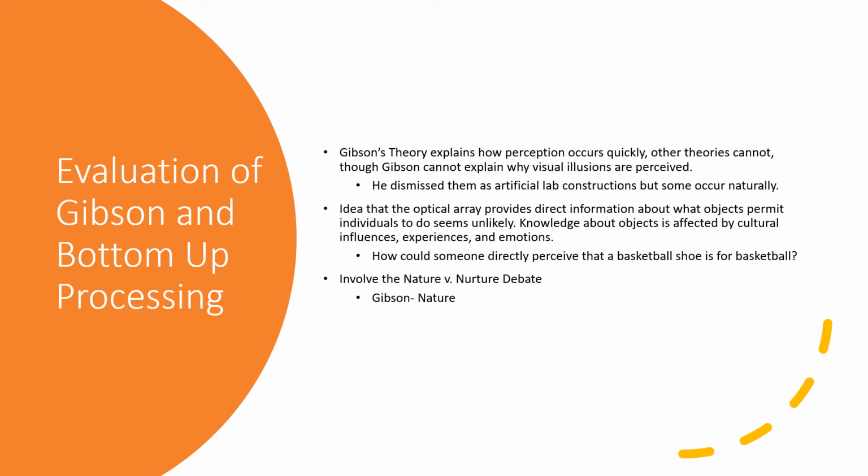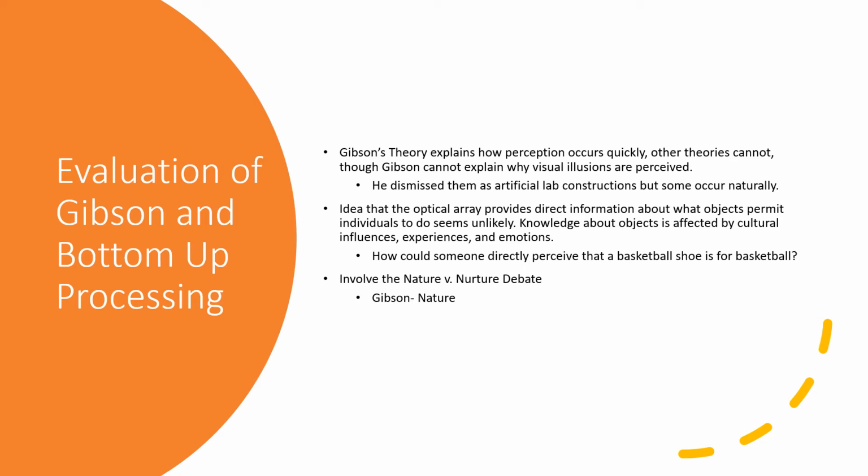So in terms of evaluating Gibson's bottom-up processing theory, it does explain, and this is a strength, how perception occurs quickly, which other theories cannot. Although Gibson cannot fully explain why something like a visual illusion is perceived. Why does our mind play these tricks on us in this way?